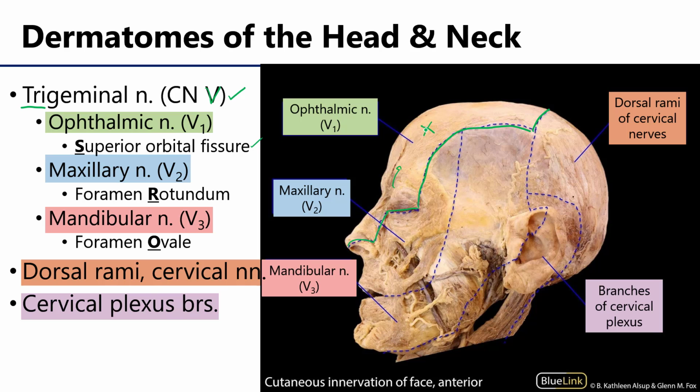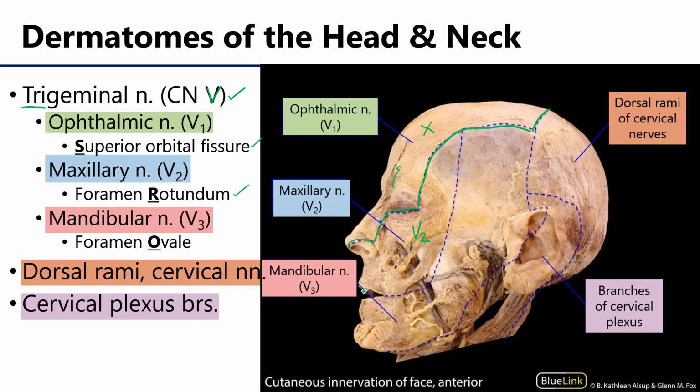V2, the maxillary division or maxillary nerve, is going to exit the cranial cavity through the foramen rotundum, and it's going to serve predominantly the deep face, some of the sinuses, and its terminal branch is going to be the infraorbital nerve, and it's going to serve this dermatome here.